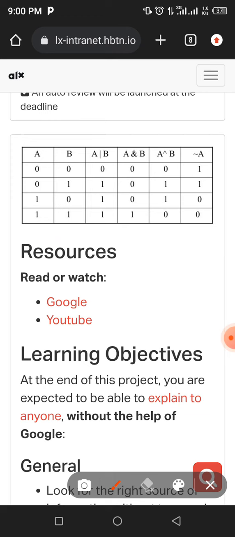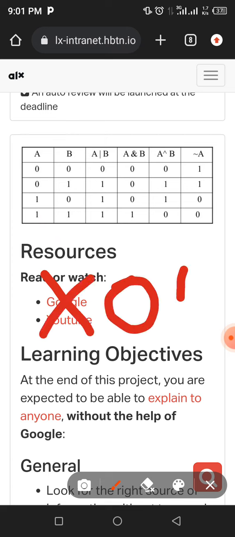So the XOR, just like this, X, then O, then R, like this. So I hope you understand that. Okay, so now the XOR, let me get rid of that.